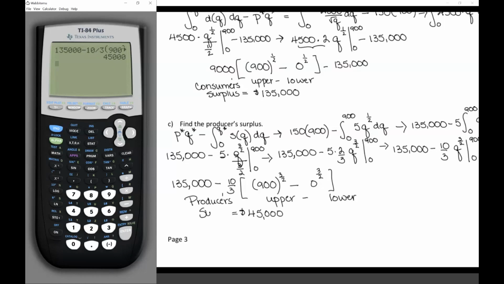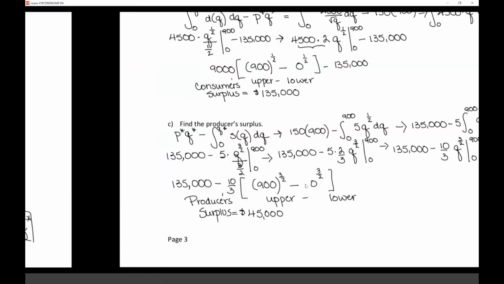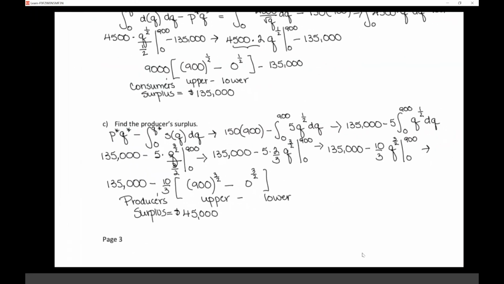And this is what producers saved by selling at equilibrium price, because they would have been willing to sell lower. So you can think of that as the money they made by selling at equilibrium price. Is everybody okay with part C?